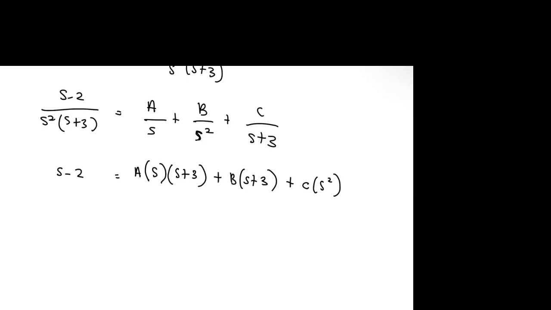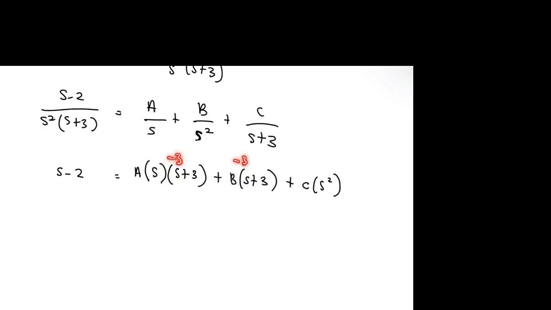For me, first I can solve for C. Yeah, we solve not in order. First we solve for C, because if I take s equal to minus 3, B will be 0 and A will be 0. So let s equal to minus 3.